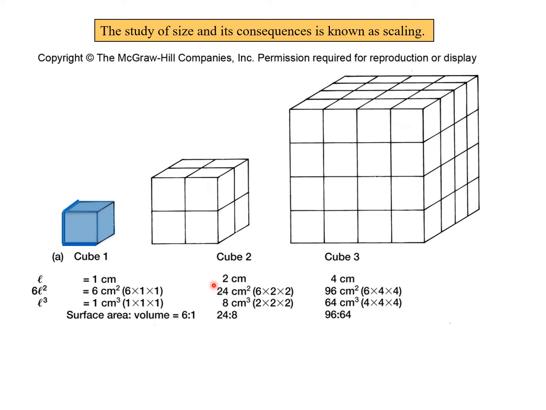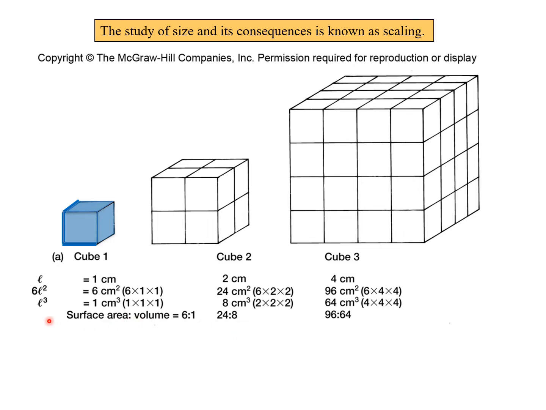If you look at the ratio of the change in the surface area to volume in cube A, this smaller cube, the ratio was 6 centimeters squared to 1 cubic centimeter. In cube 2, the ratio is 24 centimeters squared to 8 cubic centimeters. So that's 3. Instead of 6 to 1, you have 3 to 1. So that ratio is decreased.